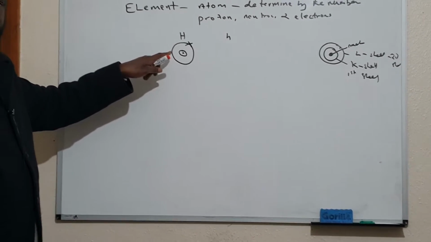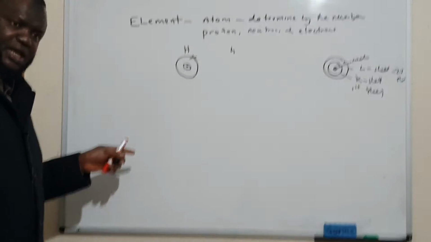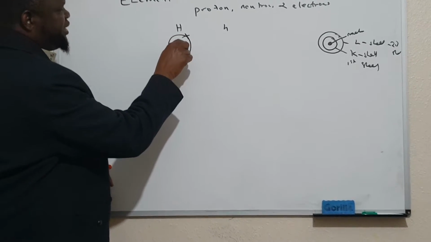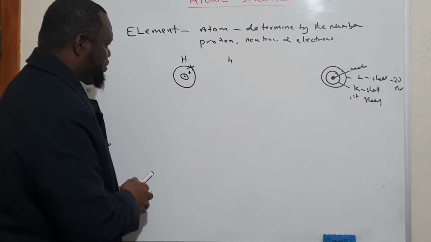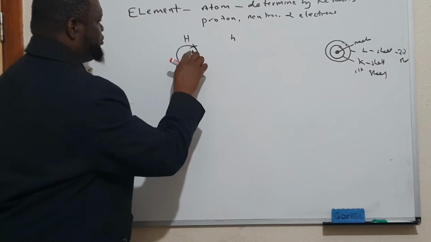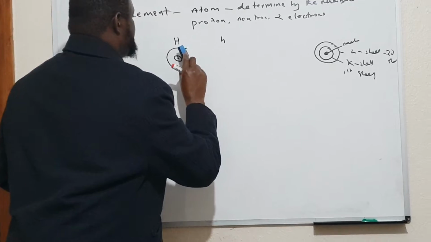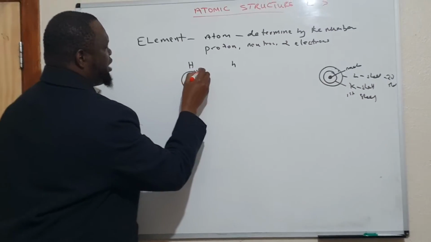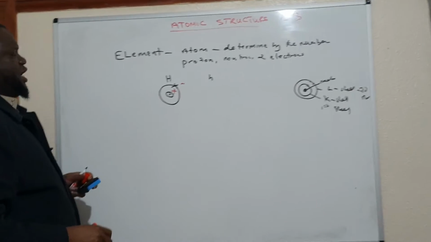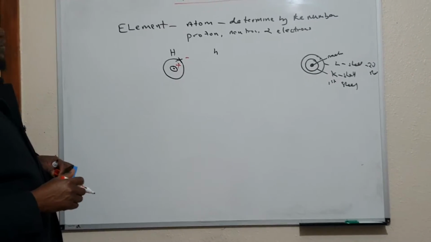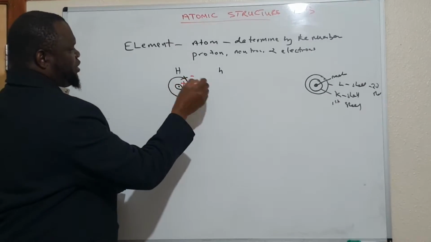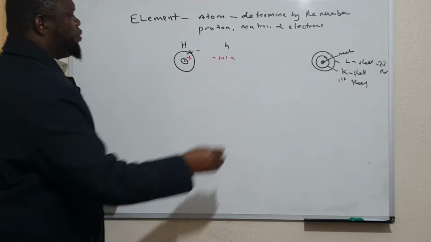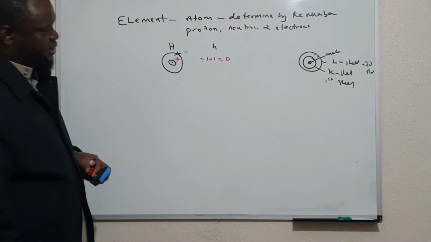It has only one shell. It has one proton which is positively charged and one electron which is negatively charged, so basically they balance each other. Minus 1 plus 1 is equal to 0.